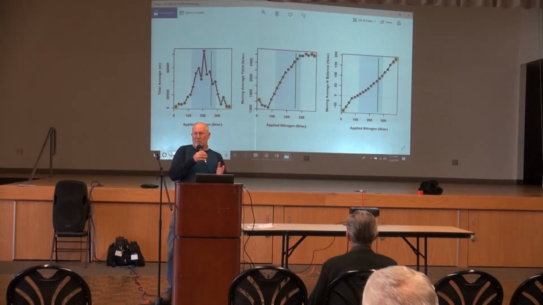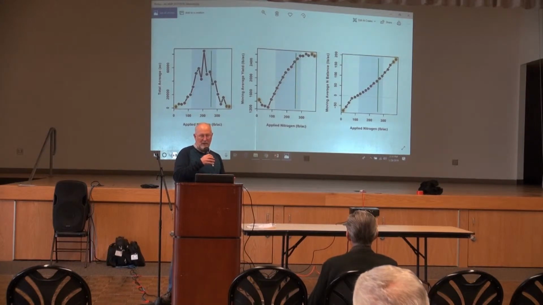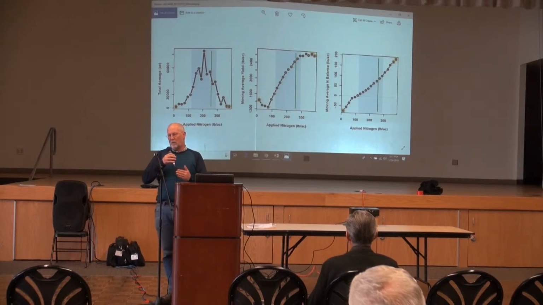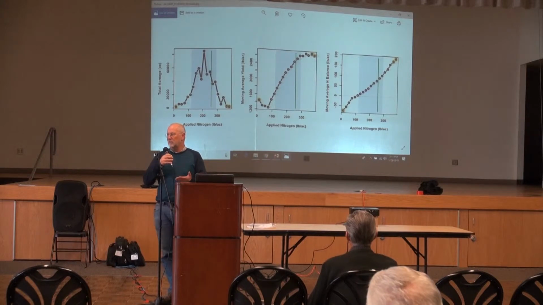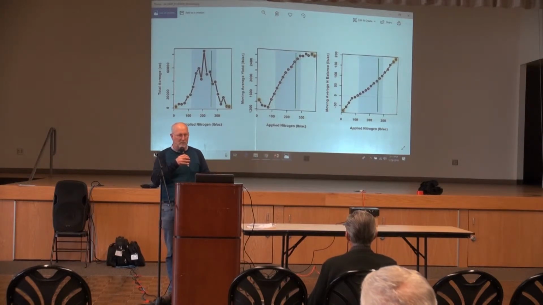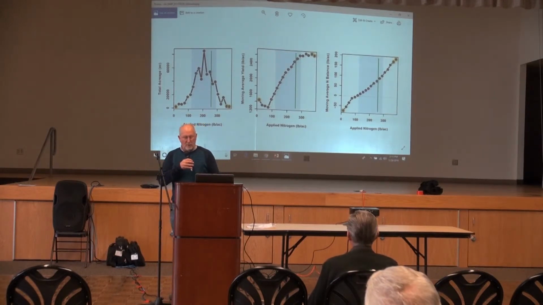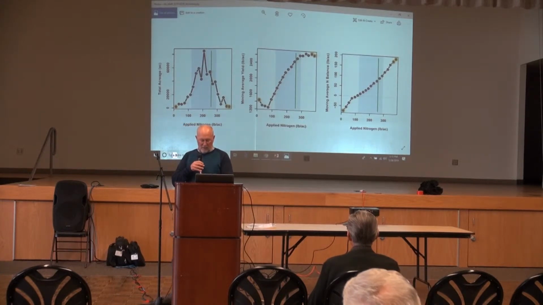So when we put on nitrogen, it's a weighty decision, right? It costs us money. It's what we need to get ourselves a good yield. But as we put on more and more, we have an increasing risk of losing that nitrogen to other places we don't want it to go. So it's something to be careful about. I think we all know that, but that was an interesting finding.